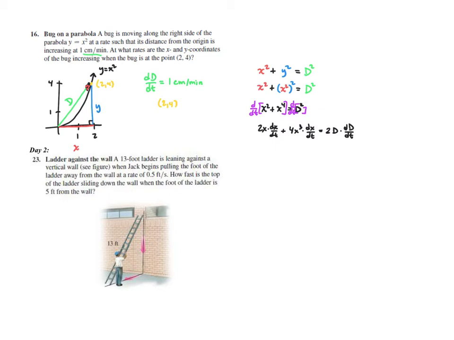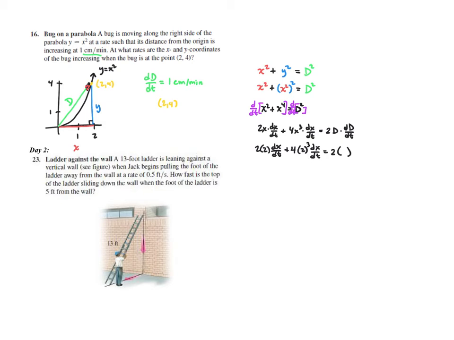Okay, so let's identify a few values here. I was given that x equals 2, so I'm going to plug in a 2 everywhere I see an x. And I'm going to leave my dx/dt there because that is what I'm trying to find. But I don't know D, or do I?